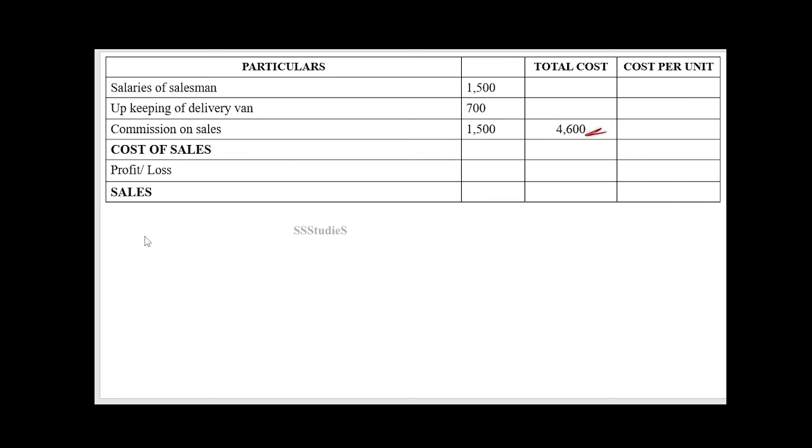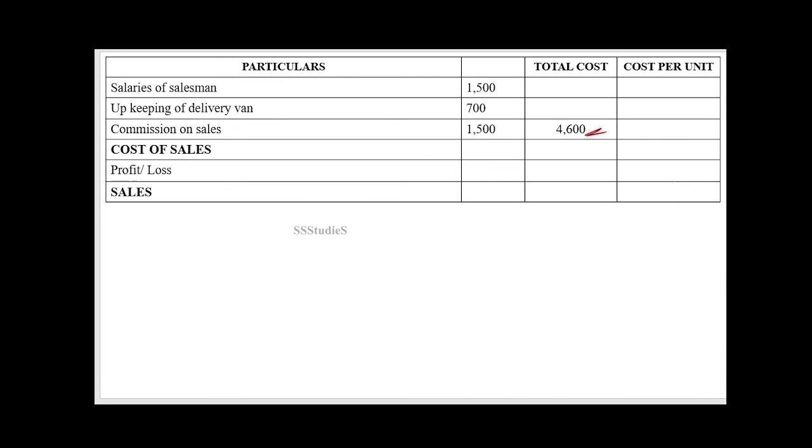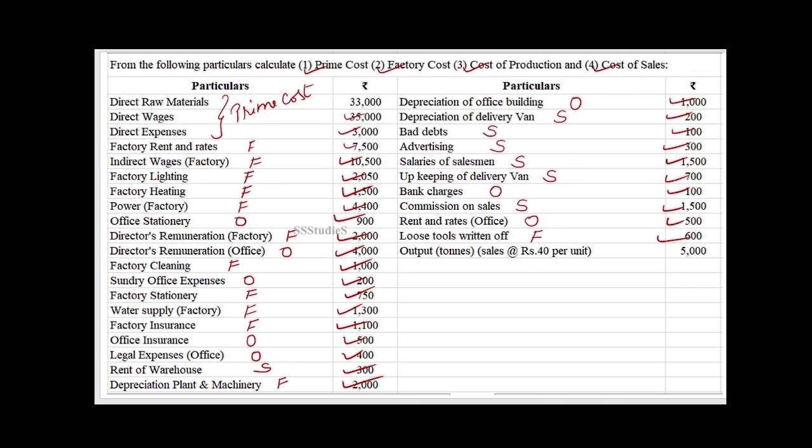Now this 4,600, if we add it to the cost of goods sold, that is 1,13,300, we get cost of sales. So cost of sales comes to 1,17,900. Next, we need to find out whether sales information is given. So over here, output sales at rupees 40 per unit, 5,000. It is output in tons.